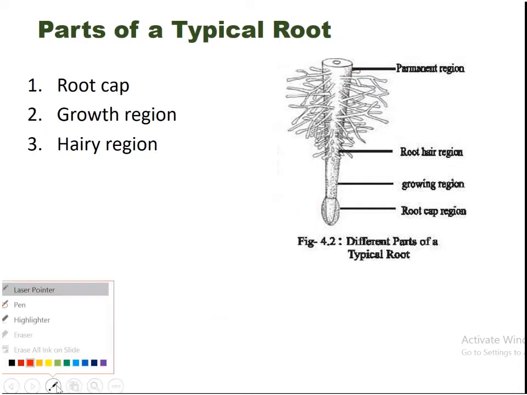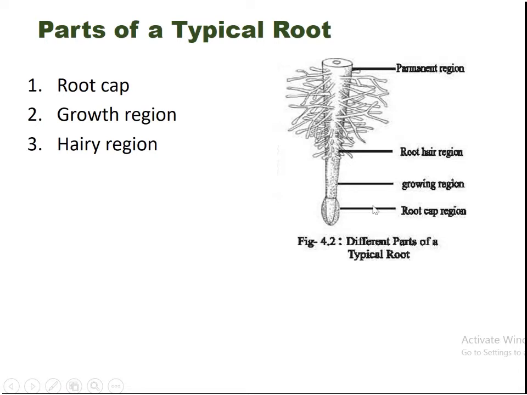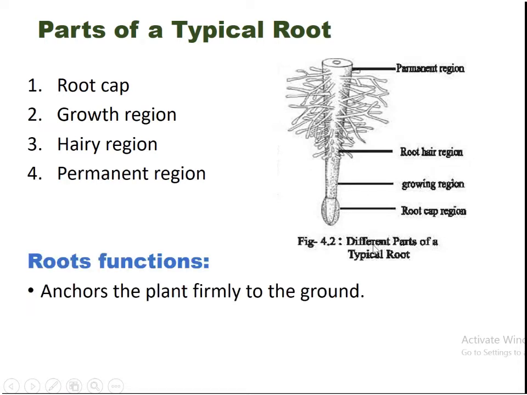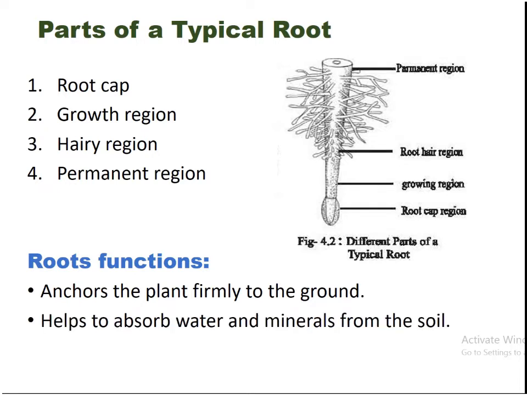And now the functions of the root. Let's talk about some functions of the root. The first one is anchoring. It anchors the plant firmly to the ground. As a result, the plant does not bend down during strong wind and storm. Another function of the root is that it helps to absorb water and minerals from the soil.